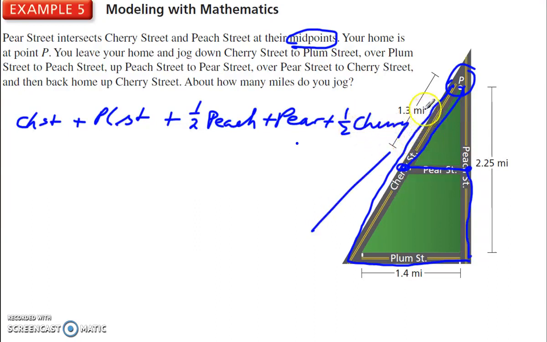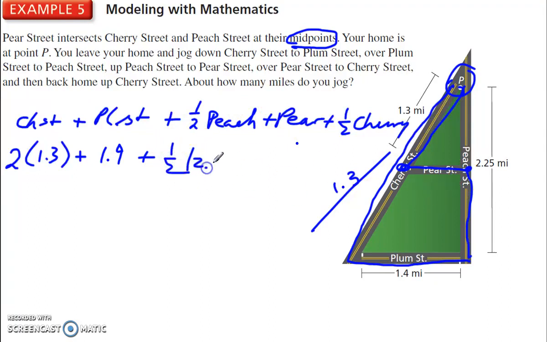Okay, we know that half of Cherry is 1.3, so Cherry Street is 2 times 1.3. Plus Plum is 1.4. Plus half of Peach, 1/2 of 2.25.